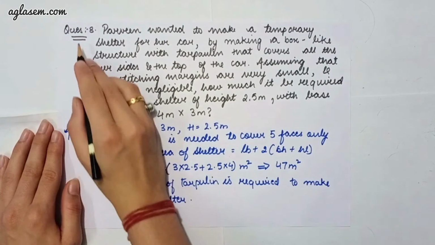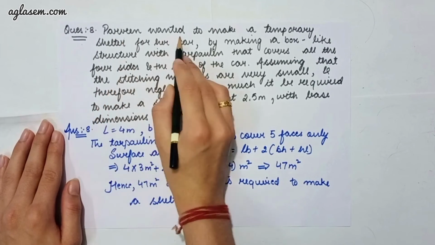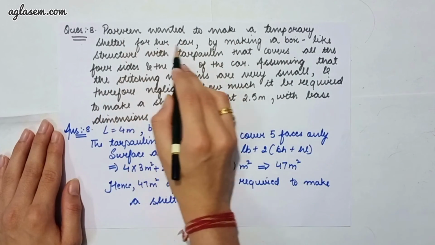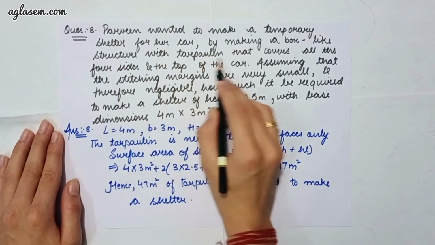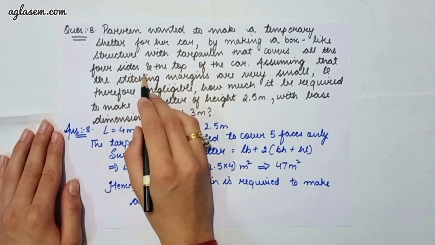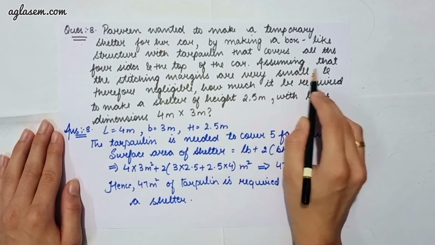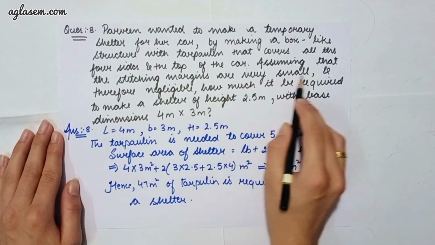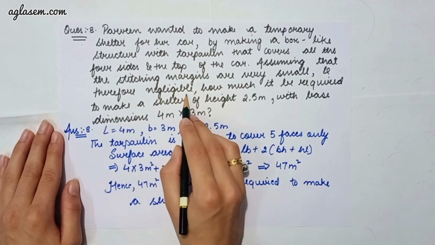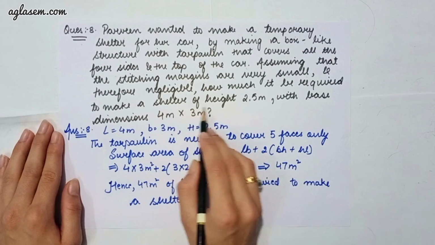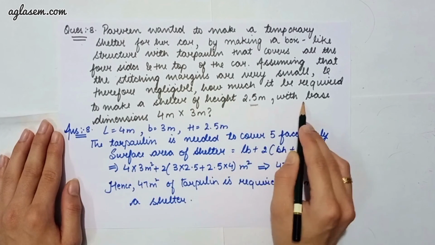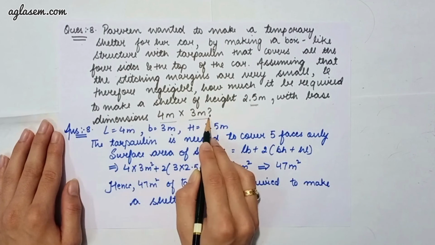Moving to our 8th question, which says Praveen wanted to make a temporary shelter for her car by making a box-like structure with tarpaulin that covers all the 4 sides and the top of the car, assuming that the stitching margins are very small and therefore negligible. How much tarpaulin will be required to make a shelter of height 2.5 meter with base dimensions 4 meter and 3 meter.